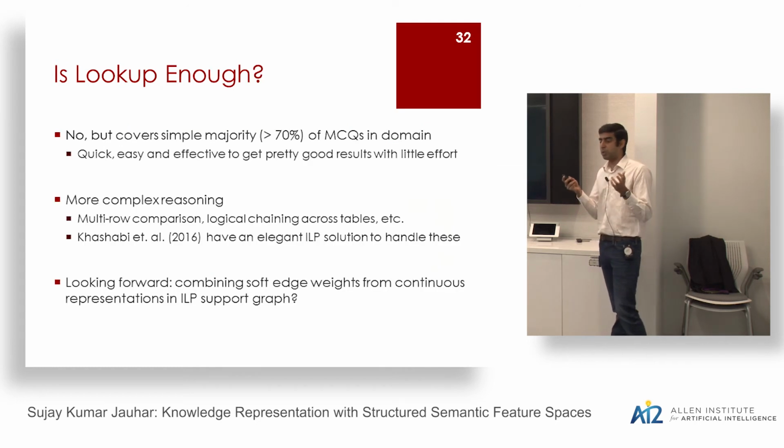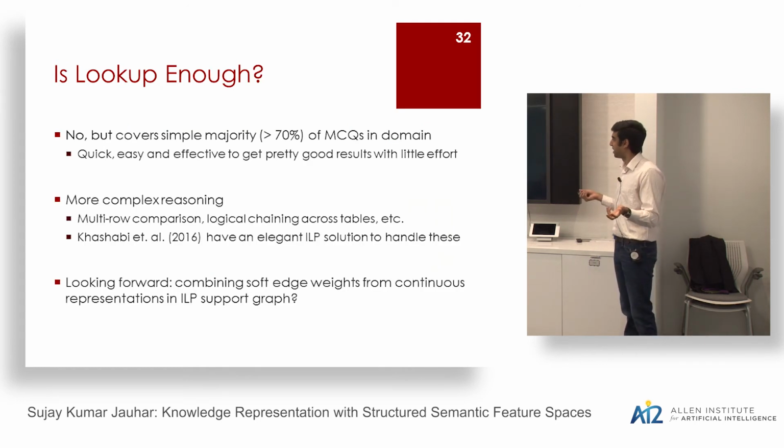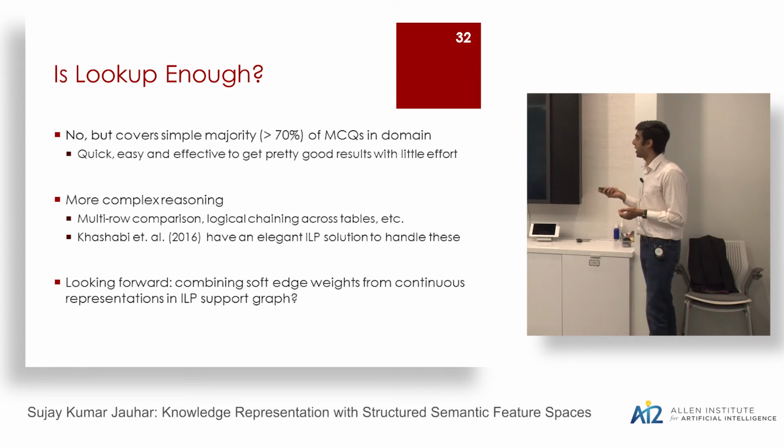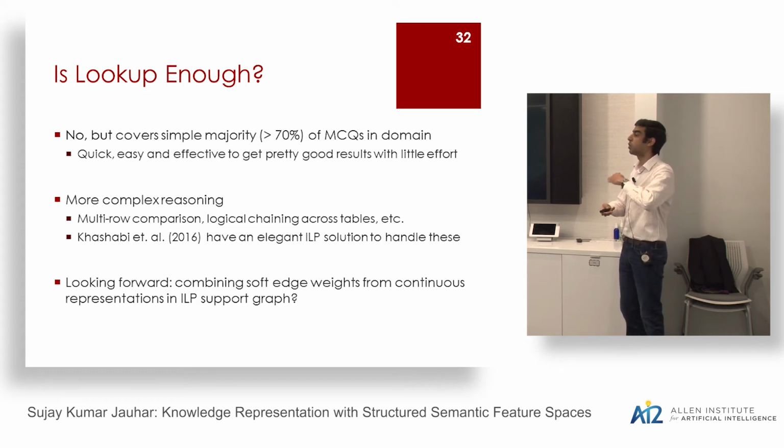Now, the astute listener might ask, is lookup really enough? Well, the honest answer is no, but it does cover a simple majority of the multiple choice questions in the domain, more than 70%. So it was pretty easy and quick to develop a system that produced pretty good results with not much effort. For more complex reasoning, such as reasoning over multiple rows in tables or chaining things across different tables, my good friend Daniel Khashabi and his intern mentors Ashish and Tushar had a very nice paper on how you can use an elegant ILP solution to handle these sort of cases.